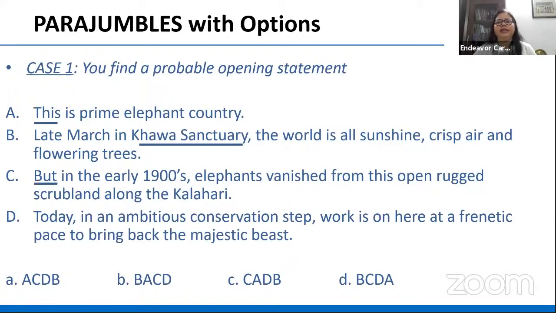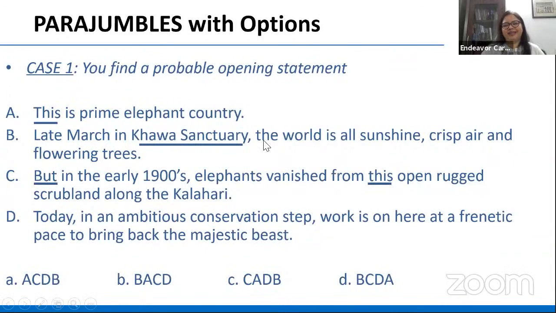But in the early 1900s, elephants vanished from this open, rugged scrubland along the Kalahari. I've read 3 sentences. I don't want to start with but, because but, this sentence also talks about this open, rugged scrubland. And what is the rugged scrubland that we're talking about?